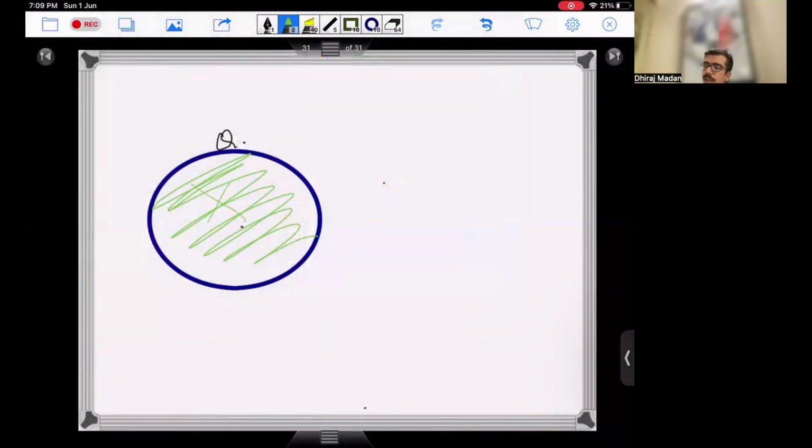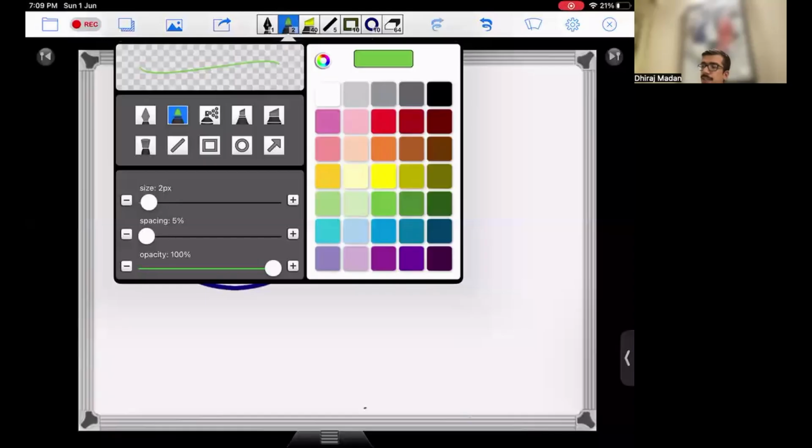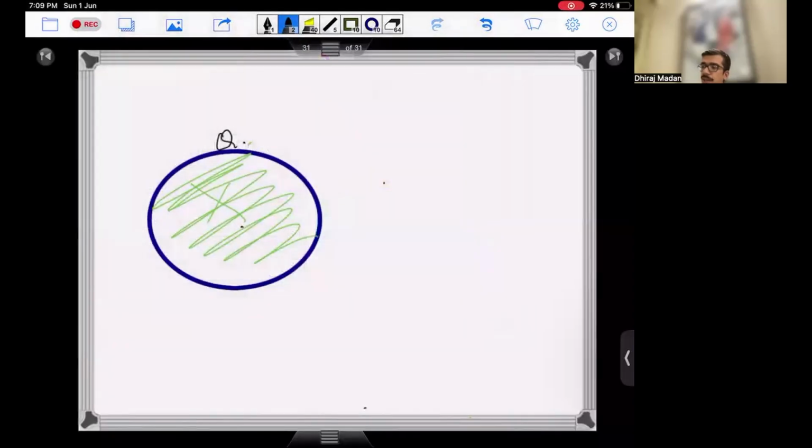Right? It doesn't matter. What matters to me is the charge on the surface which bounds R2. I just need to know the total charge on the surface.